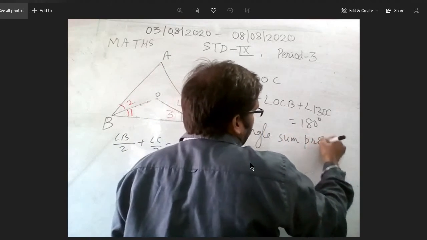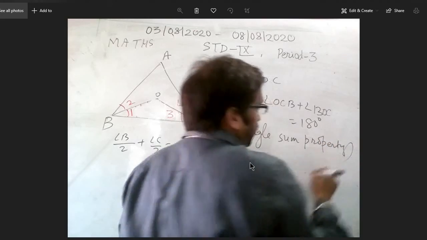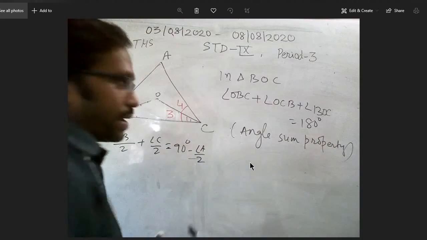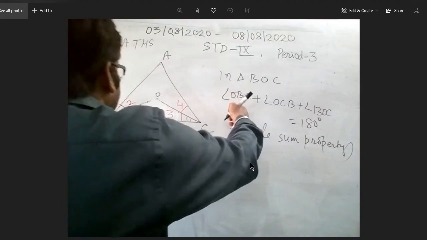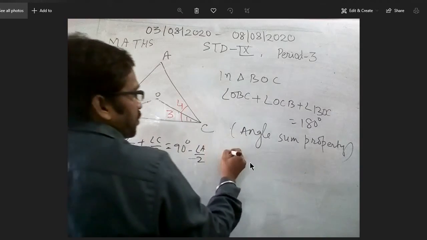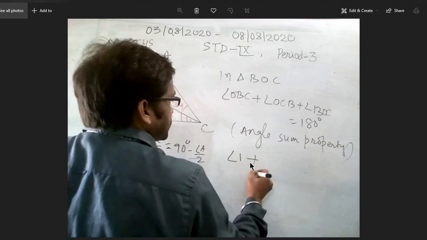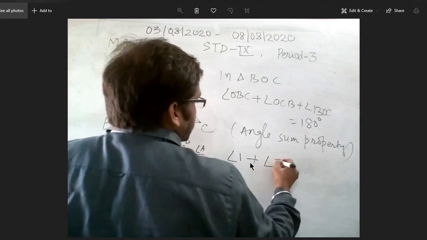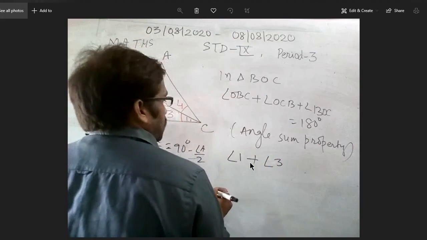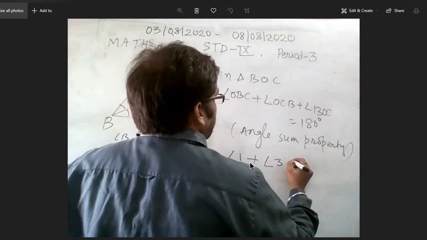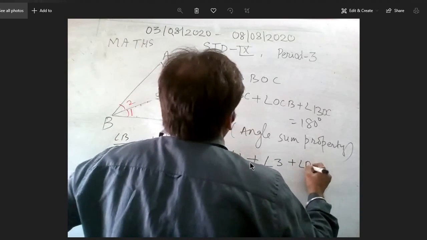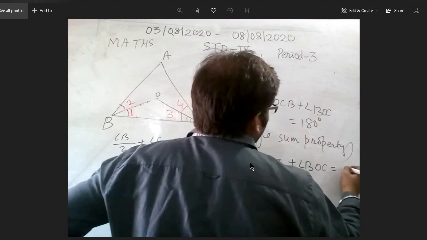Let me write the reason why it is 180 degrees: the angle sum property of the triangle. Angle OBC means angle 1, plus angle OCB means angle 3, plus angle BOC is equal to 180.